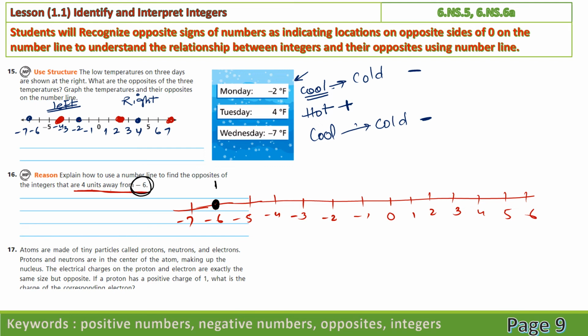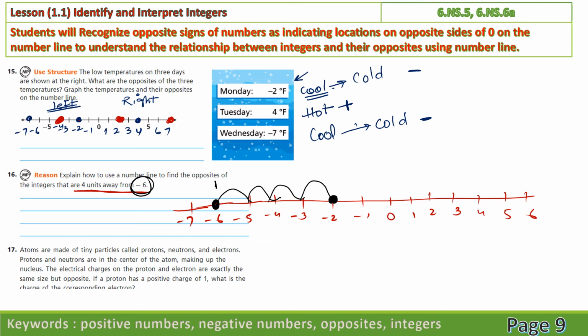You want to find the opposite, so it means you will go towards the right, because you want to take the image of 4 units away from -6, in the opposite direction: 1 unit, 2 units, 3 units and 4 units. So this is 4 units away from -6. So what are the two integers? The first integer is -6 and the other integer is -2.